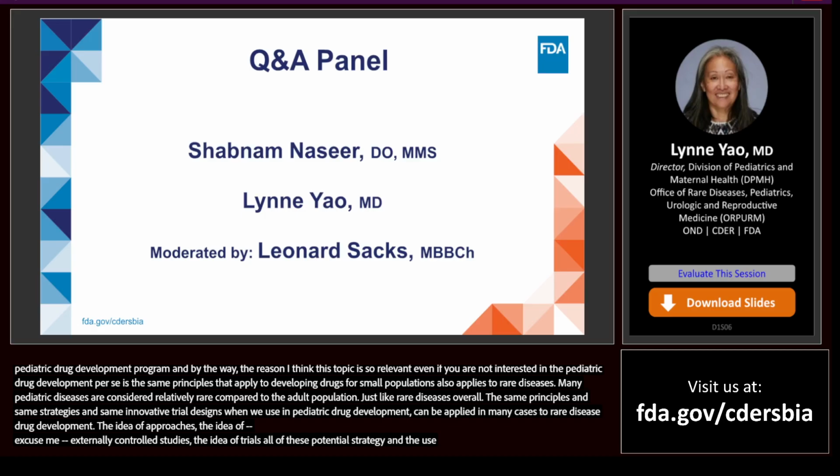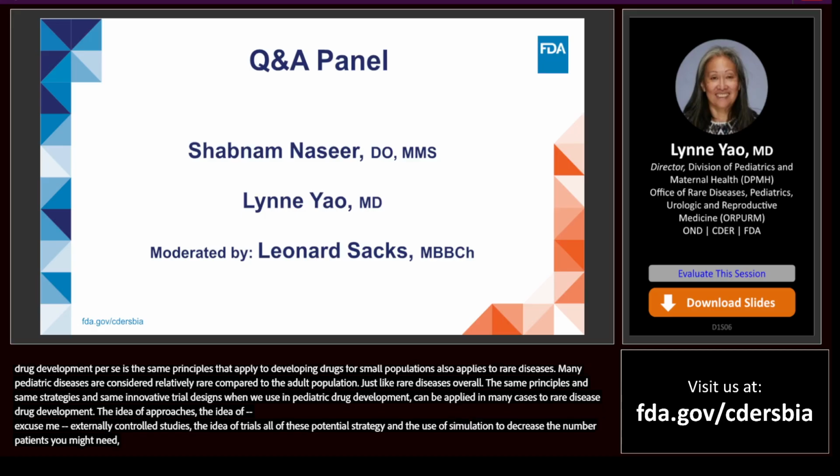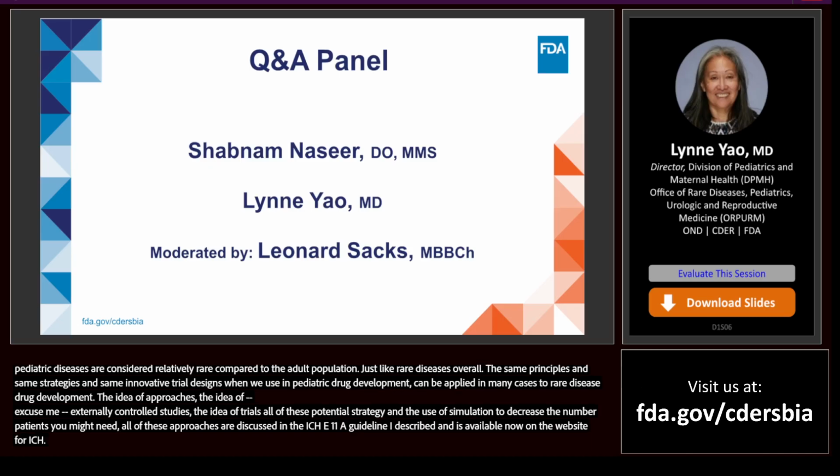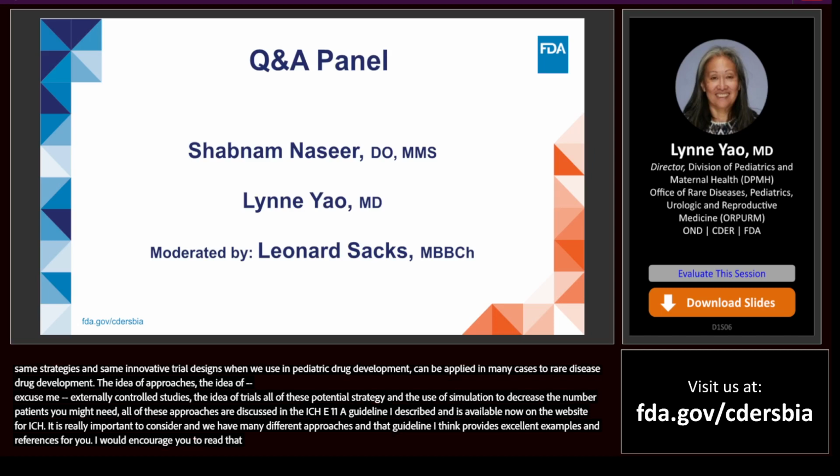All of these approaches are discussed in the ICH E11A guideline that I described to you and is available now on the website for ICH. So it's really important to consider, and we have many different approaches, and that guideline, I think, really provides excellent examples and references for you. And again, I would encourage you to read that, because if you're interested in rare disease development, some of these same study methodologies and innovations also apply there.